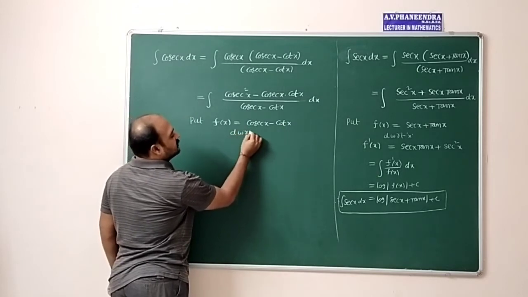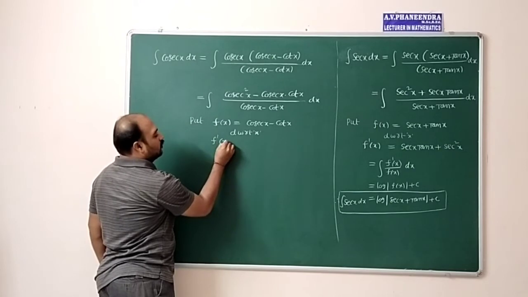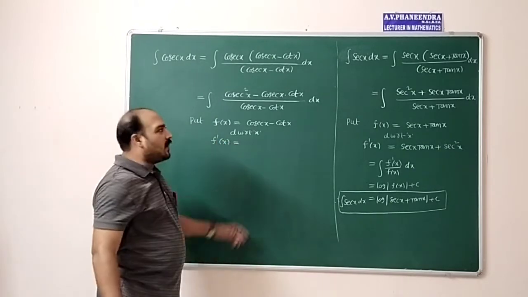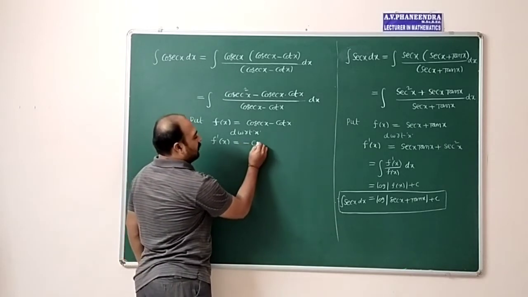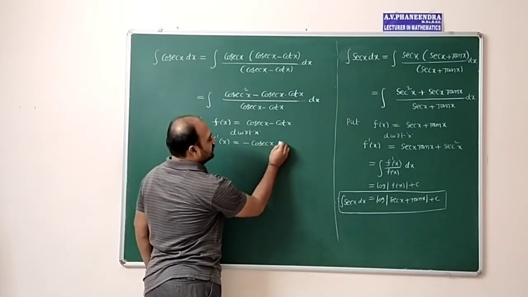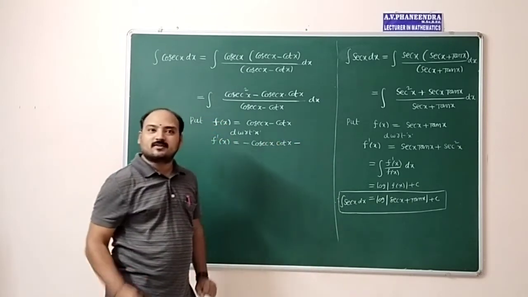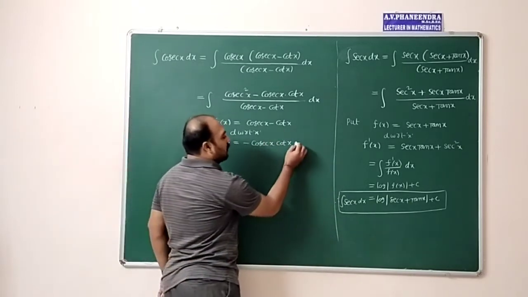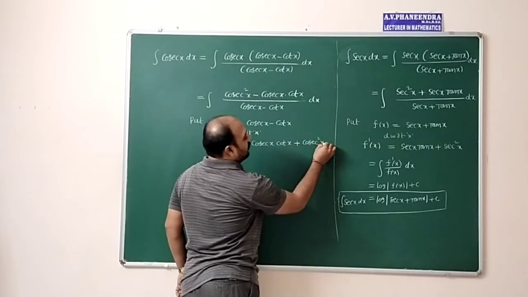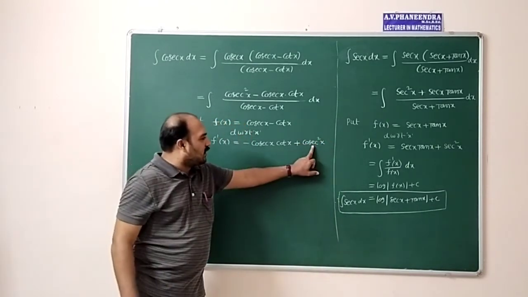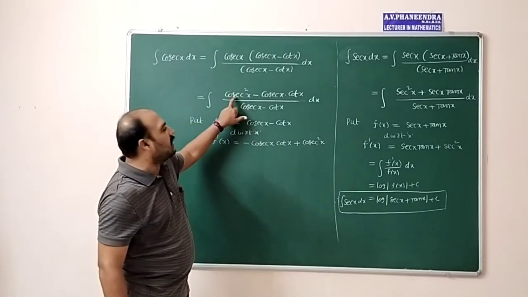Differentiate with respect to x. f dash of x is equal to d by dx of cosecant x, which is minus cosecant x cot x, minus d by dx of cot x, which is minus cosecant square x. So minus of minus gives plus cosecant square x. Cosecant square x minus cosecant x cot x is the value in the numerator.